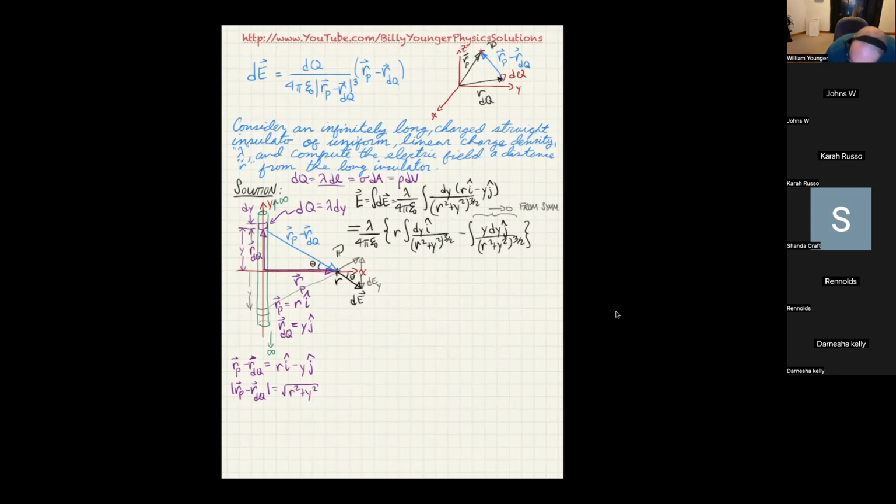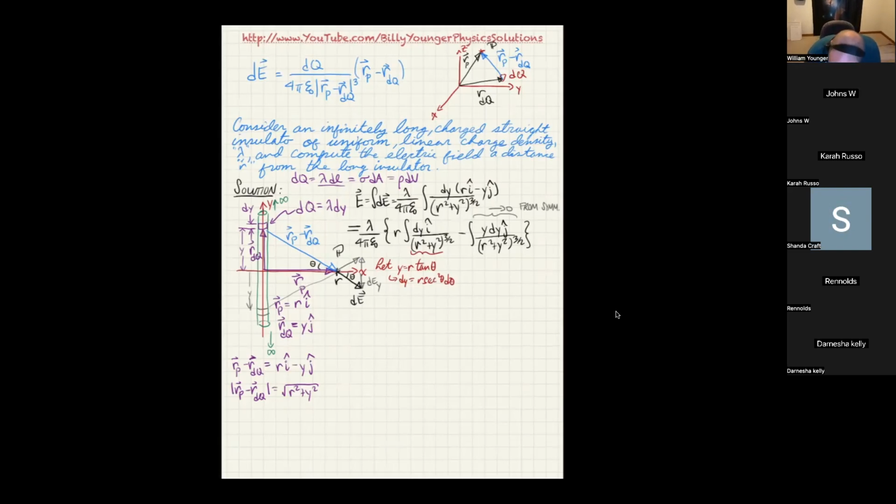What I'm going to do right here for this portion is I'm going to say let y equal r tangent theta, and then dy will become r secant squared theta d theta.